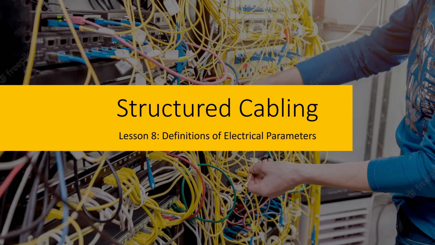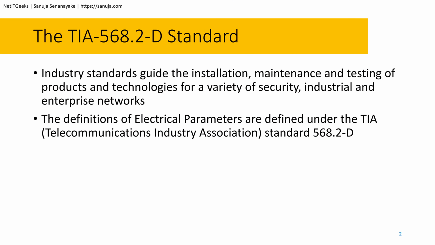This is lesson number 8, Definitions of Electrical Parameters. In this lesson, I will go over the TIA-568.2-D Standard. The industry standards guide the installation, maintenance, and testing of products and technologies for a variety of security, industrial, and enterprise networks.